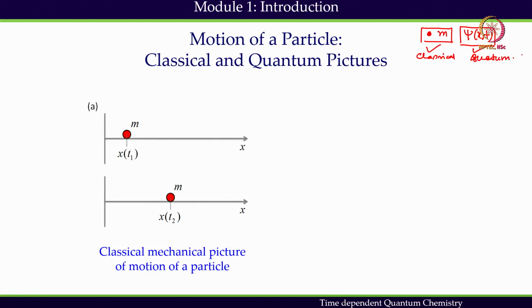So what is the difference between a quantum mechanical particle and a classical particle? We'll go over the classical particle first. Let's assume that a particle of mass m is under the influence of a conservative force. So we are focusing on the classical particle right now, not the quantum particle. The quantum particle will come in the next slide.